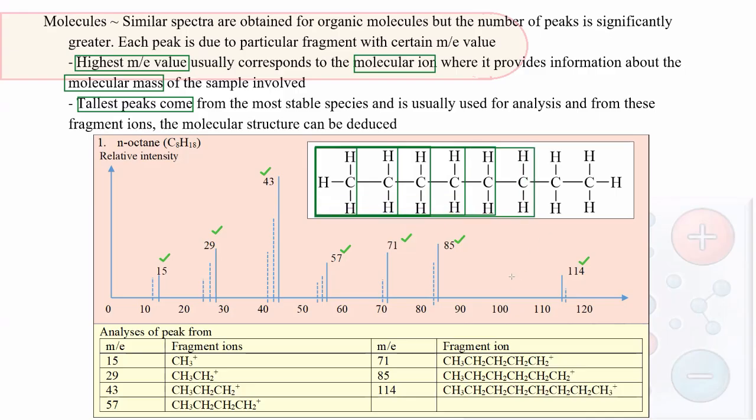Of course, there is also a possibility somewhere in between, which I forgot to put in. You will probably get a peak between 100 and 99 here. This 99 is due to the formation of the CH3CH2CH2CH2CH2CH2CH2 plus ion, which I forgot to put inside here.